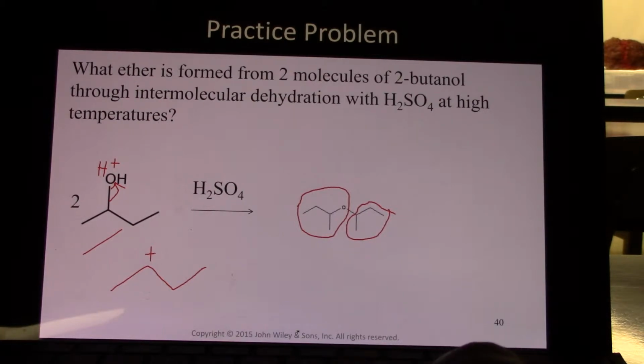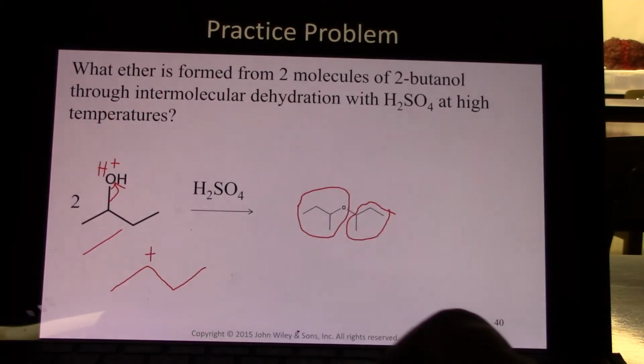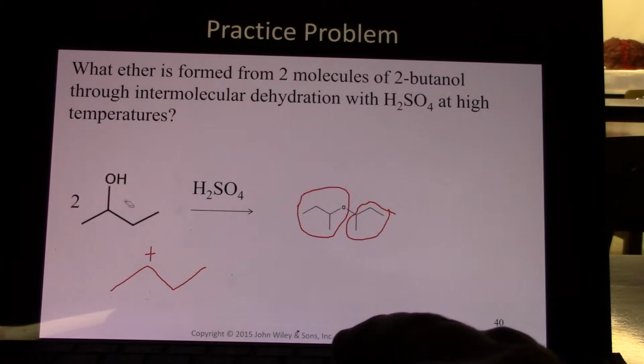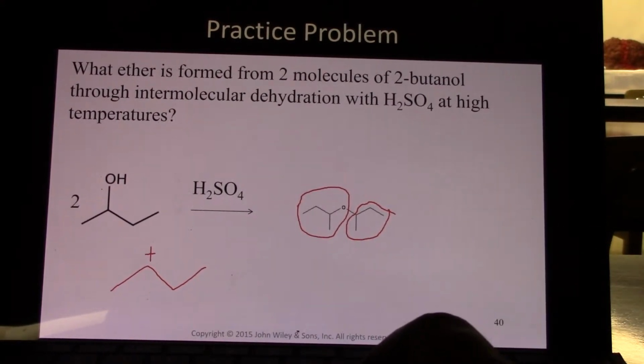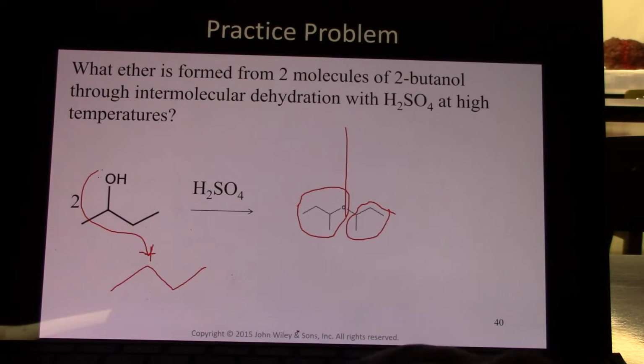This now will bind another of these butanols. So let's pretend it's a different butanol now. Now these electrons in this oxygen attack the carbocation, and the H plus floats away, giving us our product, and that's how it happens.